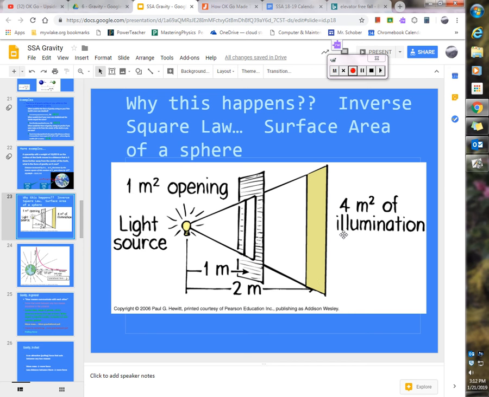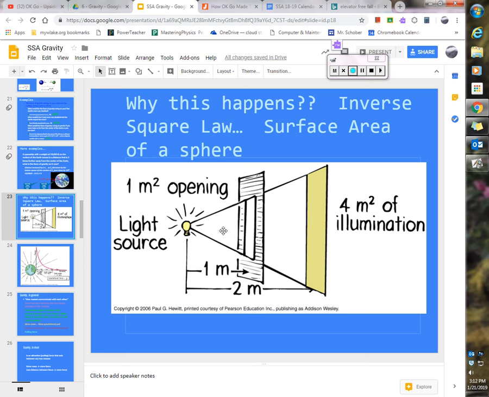So that same light is spread out over 4 times as much area. That means it's going to be 4 times less, or 1/4 as intense as it was here. You know that as you get further and further away from a light source, the light gets less bright, less intense.